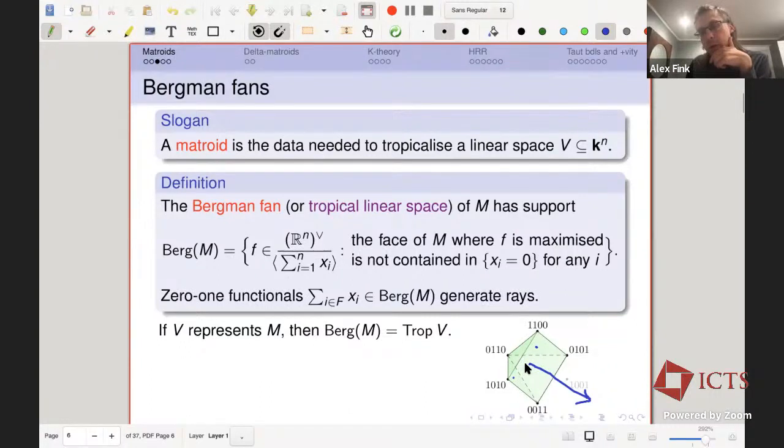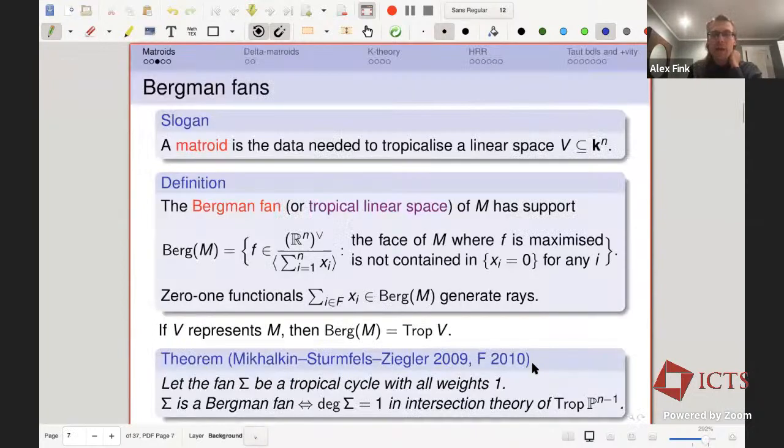Also no coordinate is constant 0 on those 2 faces. So I get rays through those 2 faces as well. And my tablet skills are not perfect, but you get a cell complex with 3 rays, and that is the tropical linear space that corresponds to this matroid.